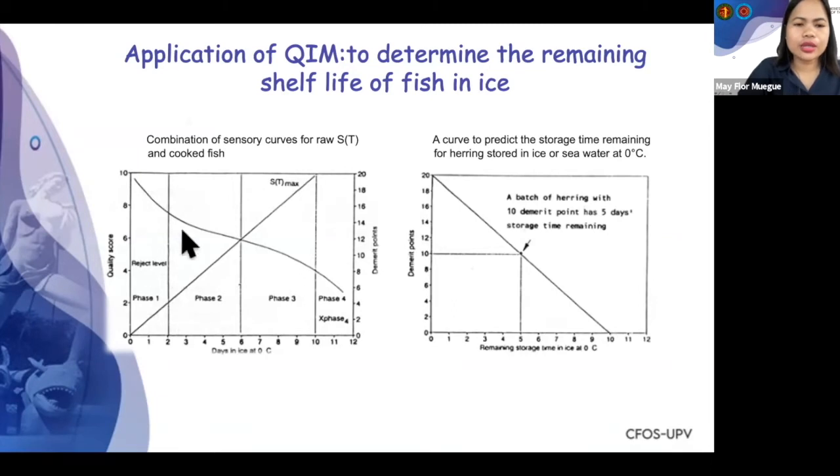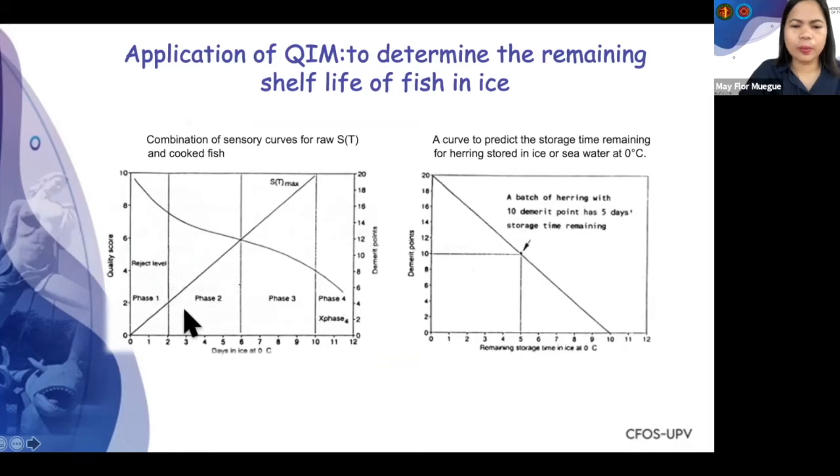So ayan. Can you still remember this graph? Pinag-usapan natin 'to during our module 1 to 3 na discussion, no? So it has 4 phases. Ito yung sensory score, quality score. Pababa, 'di ba? Obviously, bumababa yung quality ng fish as the days it is stored in ice increases.